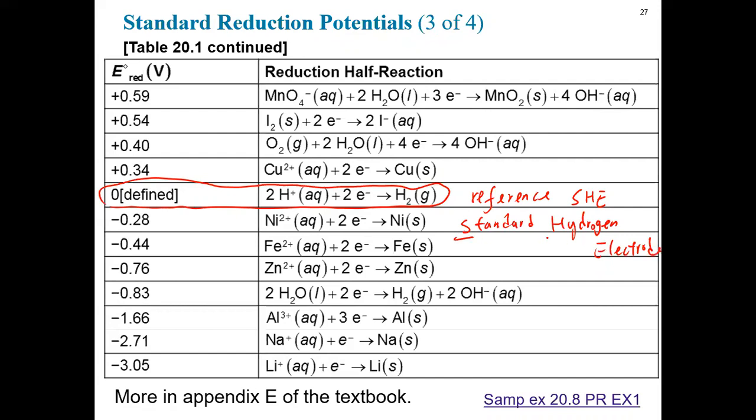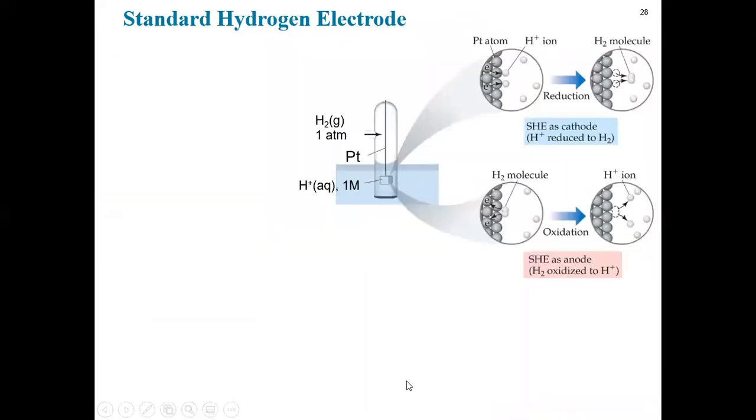So that's SHE. If you need more of those reduction potentials, you can go to Appendix E in the textbook. And this is what the SHE looks like.